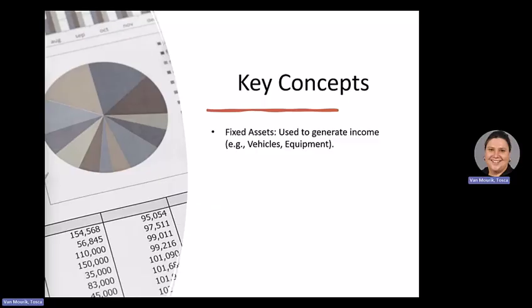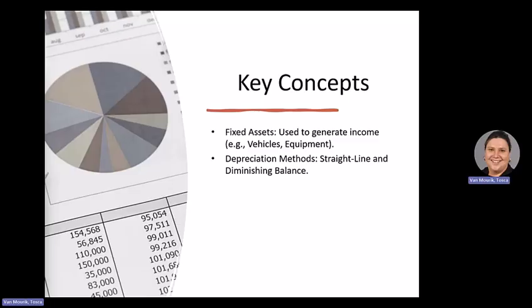Like your vehicles, let's think about a delivery vehicle where you use that vehicle to deliver the inventory that you have sold to customers. Equipment, for example, your printers, your IT equipment. Those are all the things that you use in the production of your income, of your inventory.